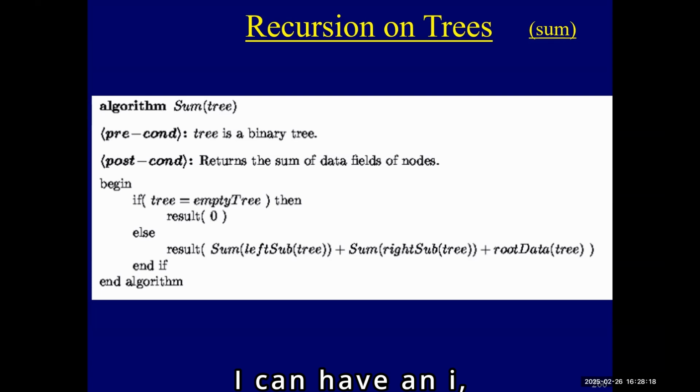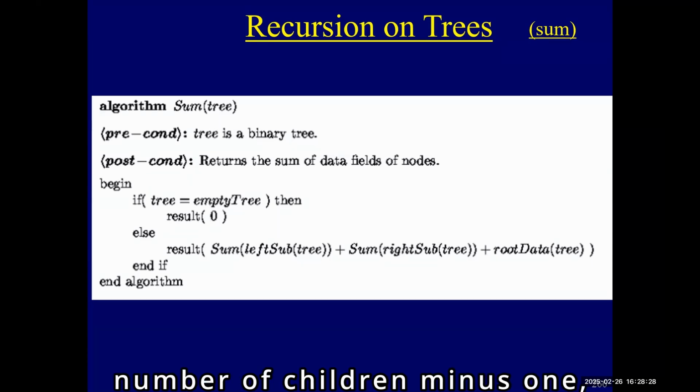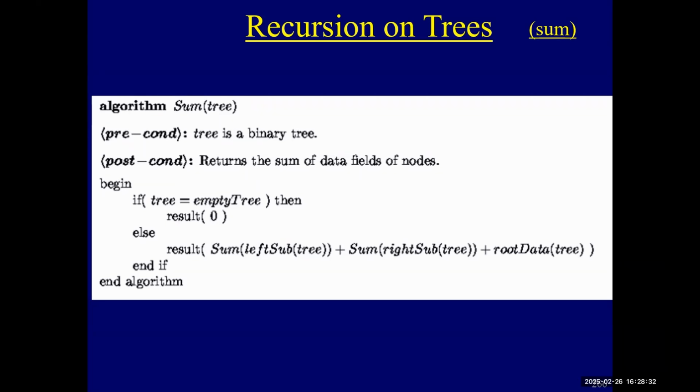I can have an I. This code here, I can have a loop, I equals 0 to number of children minus 1, and put in here an I. And then here I can put sum plus equals, taking a running total of these.